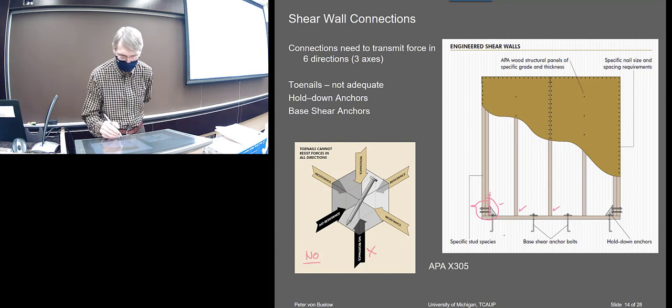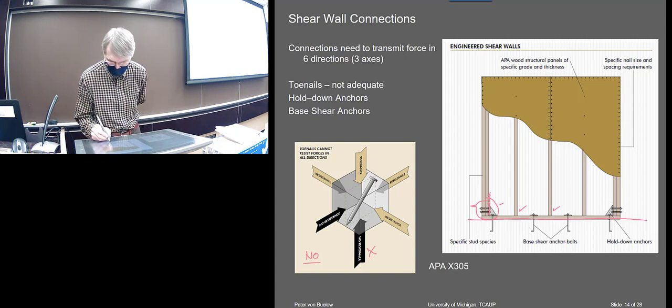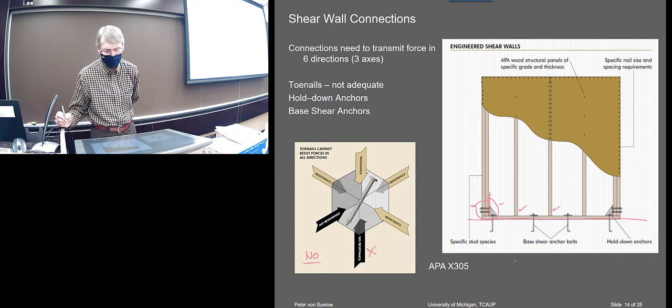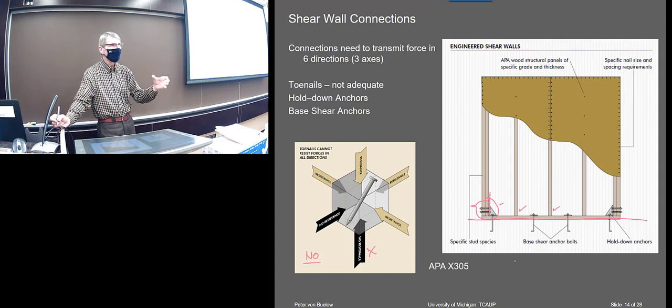Then these anchors are probably cast into a slab, right? They have a pull-out strength, and however you do them, if you cast them in, I guess you can develop the strength of the bolt, which would be ideal.